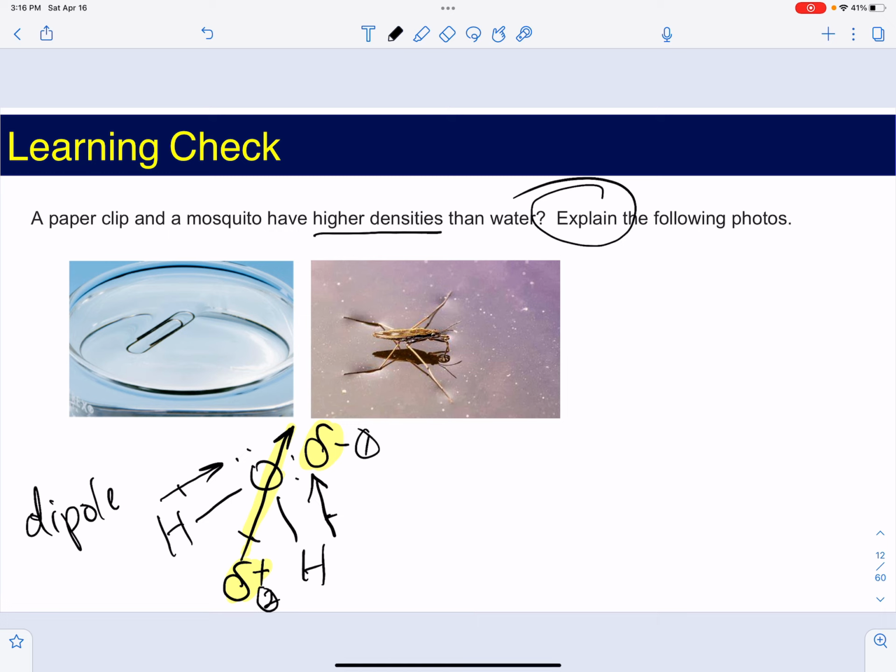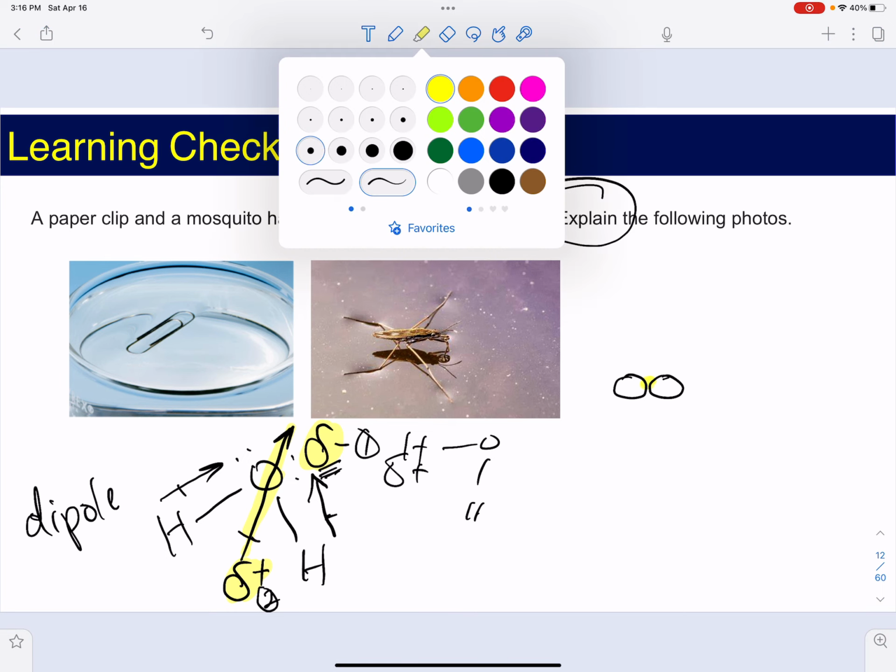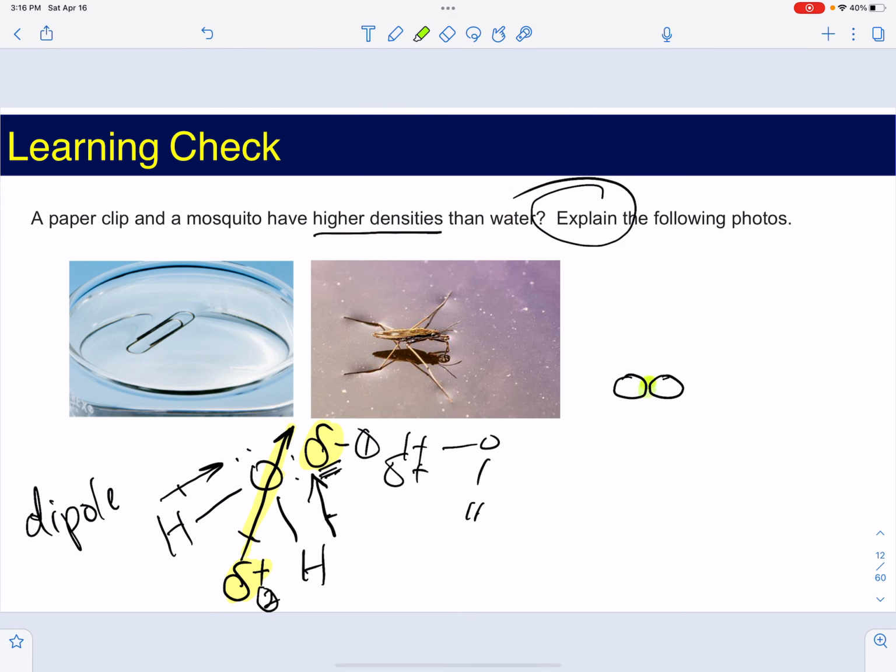So on the surface of a liquid, I'm going to have a water molecule attracted to another water molecule. The partially negative is attracted to the partially positive of another water molecule. So we're going to have that attraction right there. They're attracted to each other, and I'm going to keep observing that on all the water molecules on the top of the liquid, on the surface of the liquid.